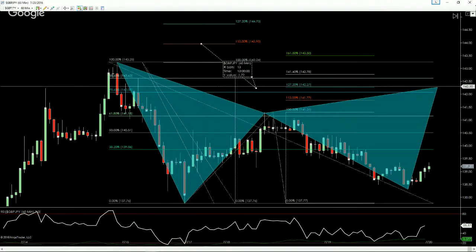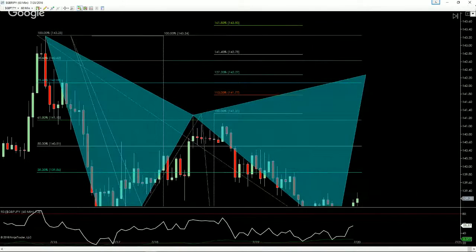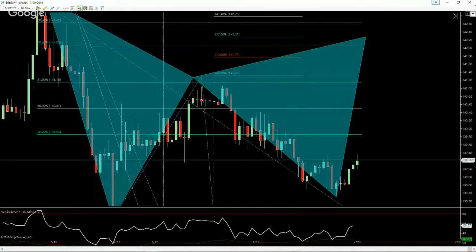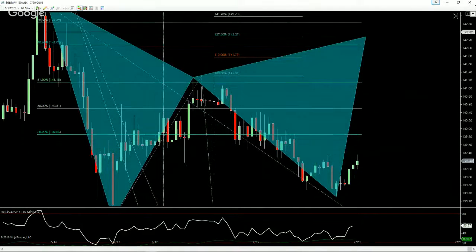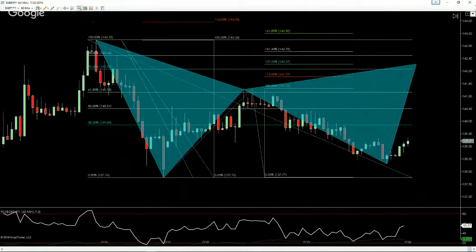About 172 pips of risk. So this is one of those other things where I'll be waiting for price to come up around the completion level and enter in the lower time frame if there is an opportunity that will present itself right at that completion level.